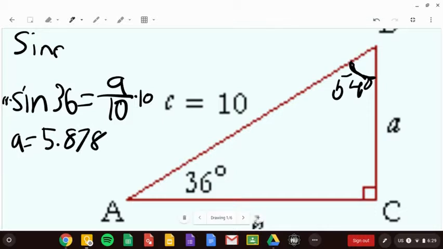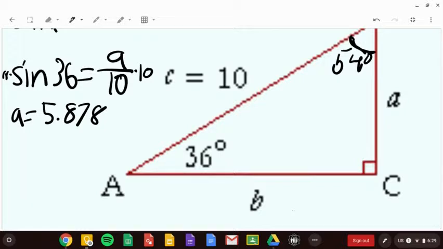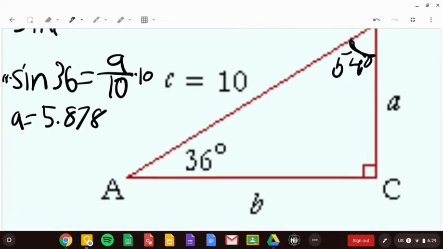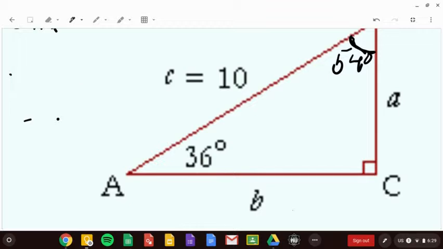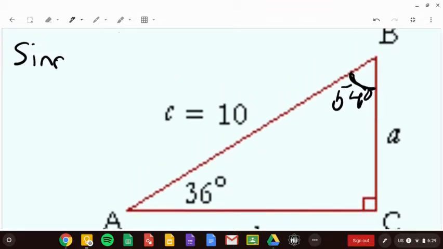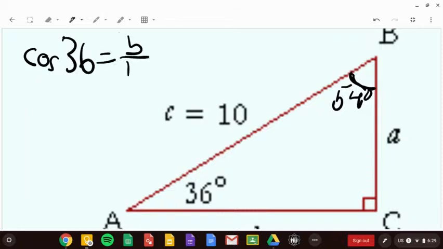Now you have A. From here, you can either solve for B using cosine, or you can solve for B using the Pythagorean theorem. For now, let's use cosine to solve for B. So cosine of 36 equals B over 10.